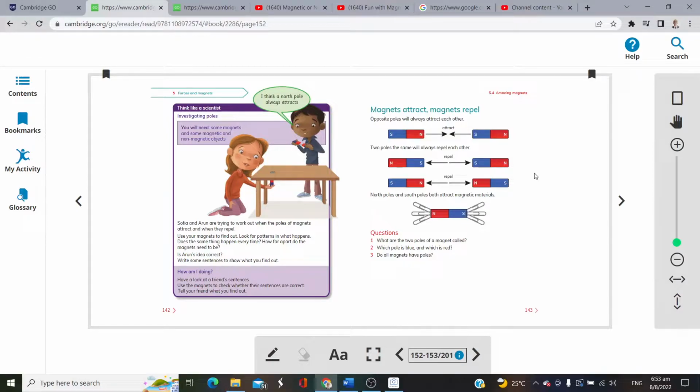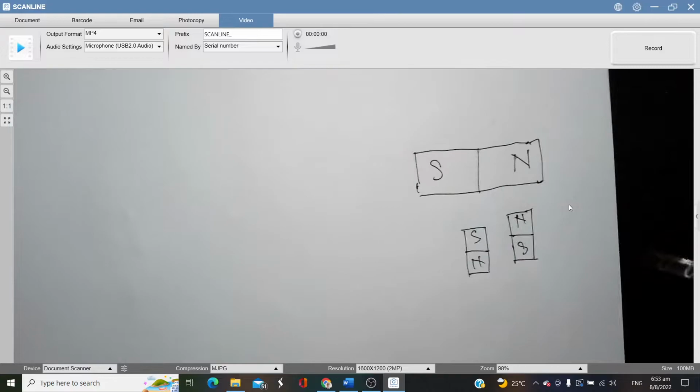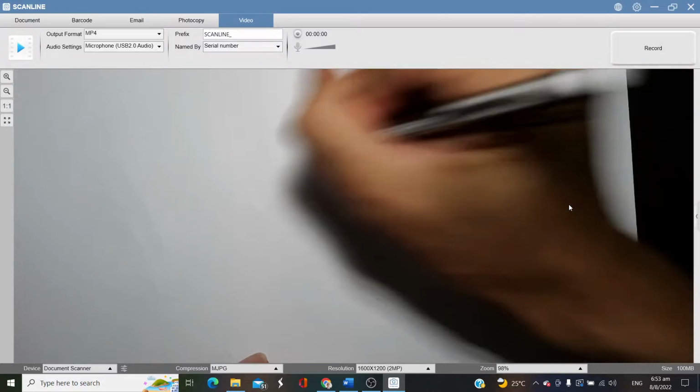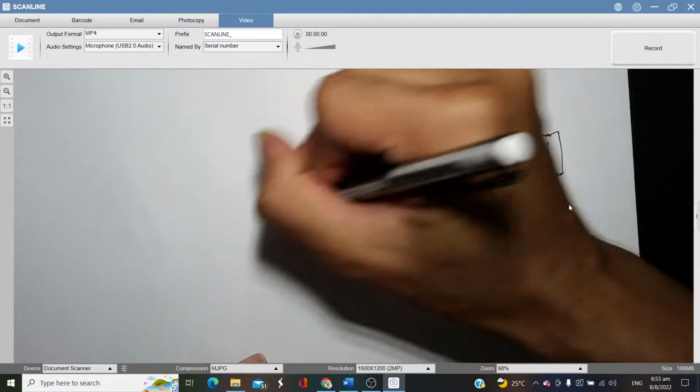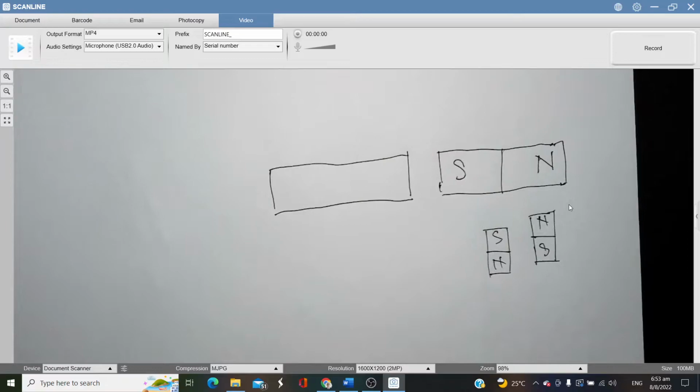The action of attracting or repelling is between two magnets.